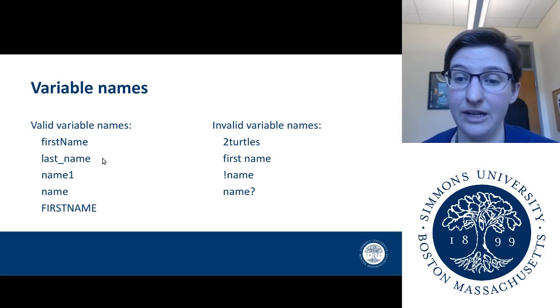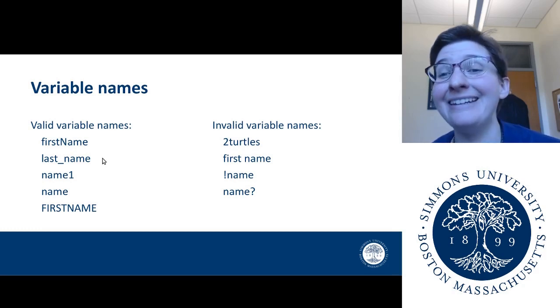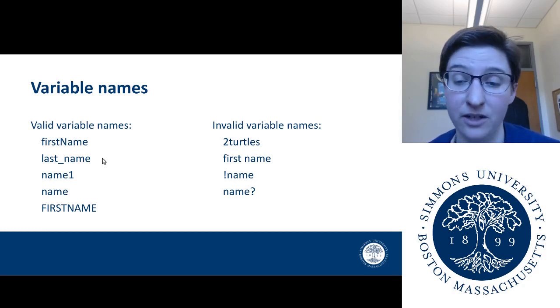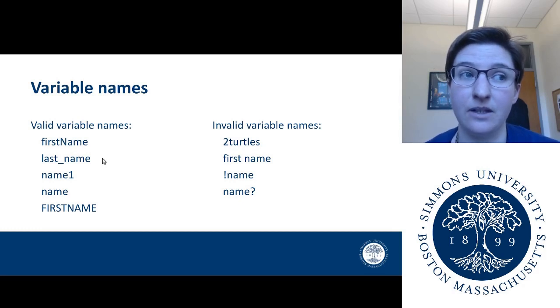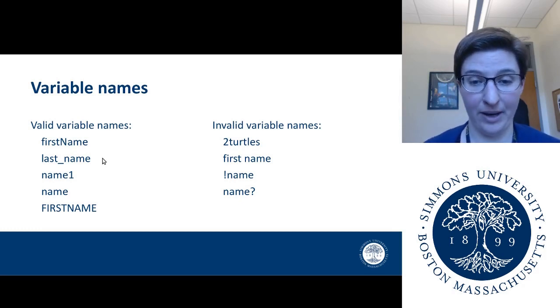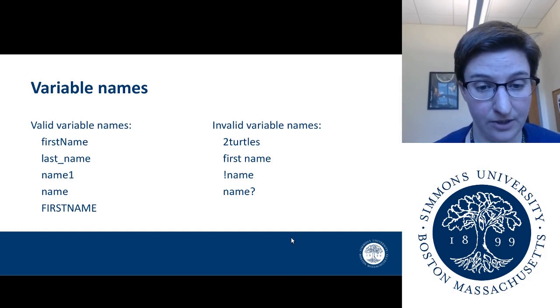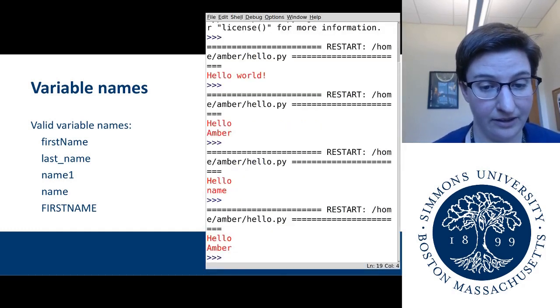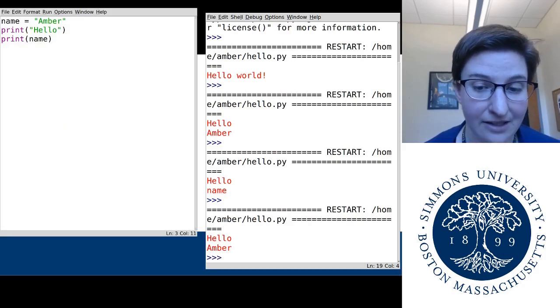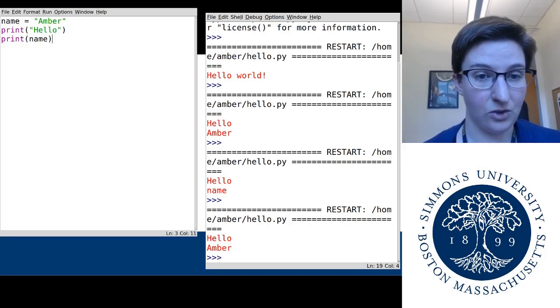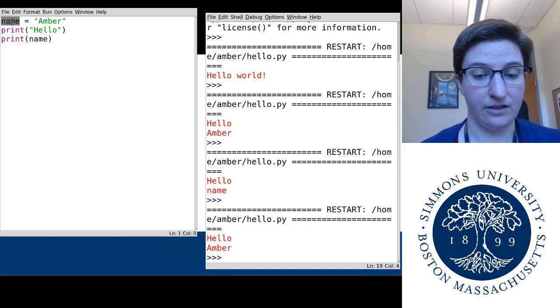When it comes to naming variables, you can name variables anything that you want. I could go back to the code that I just wrote and say, name, that's so obvious, I don't want to call it that. I'm going to call this, I don't know, Pikachu.